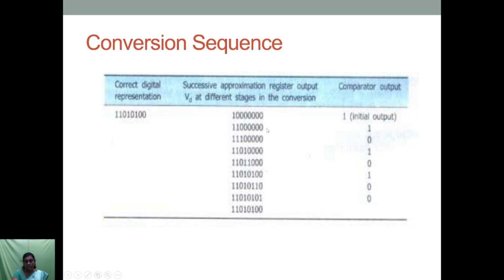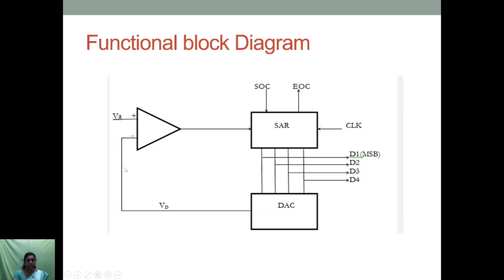Now this digital output is converted to the corresponding analog output by the digital to analog converter. Again the comparator compares the input analog signal with VD, which is the output got from the DAC. Again it will check.